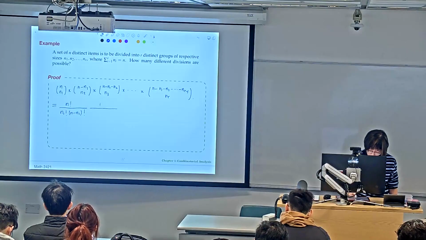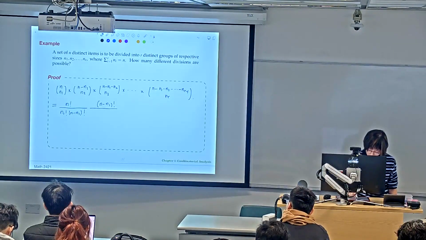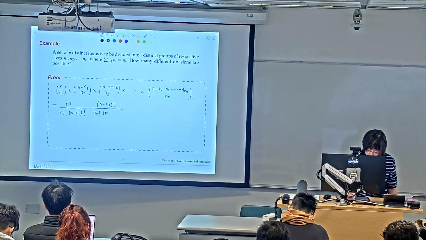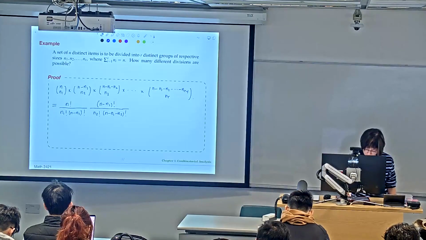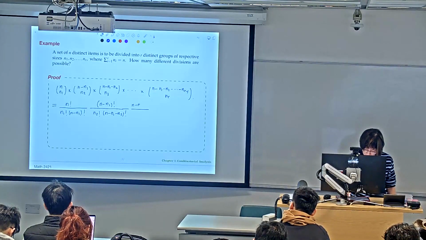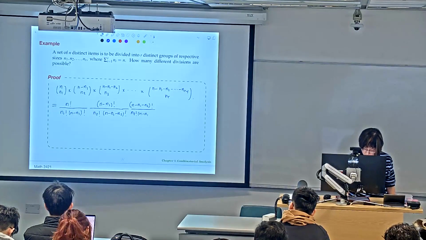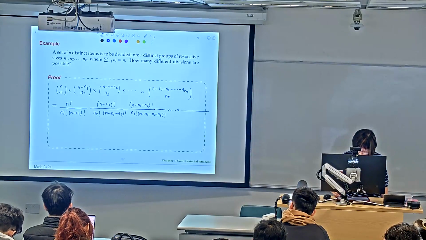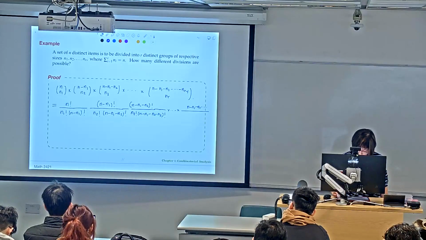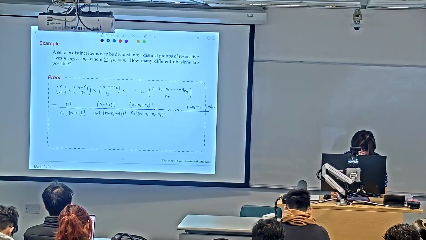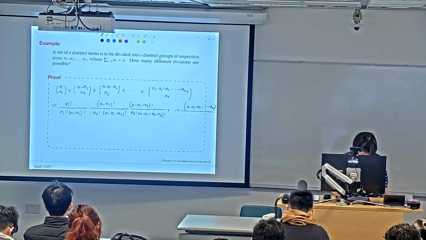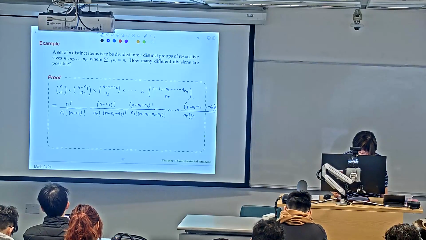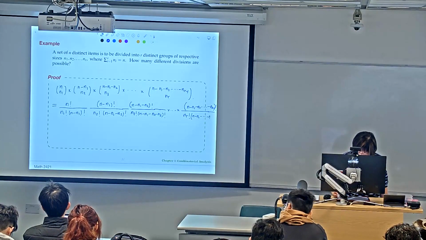The second one is n minus n1 factorial over n2 factorial times n minus n1 minus n2 factorial, and continue this until the last one, which is n minus n1 minus n2 up to n minus n(r-1) factorial. Then in the denominator we have nr factorial and the difference factorial, n minus n1 minus up to nr factorial.